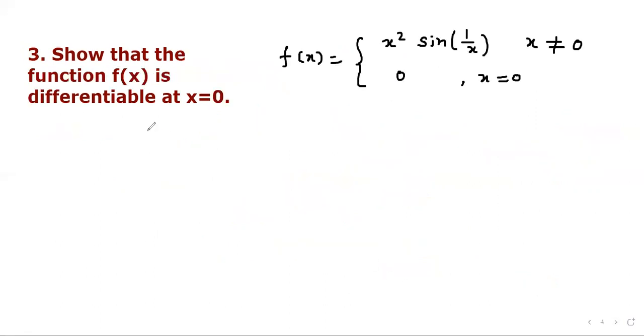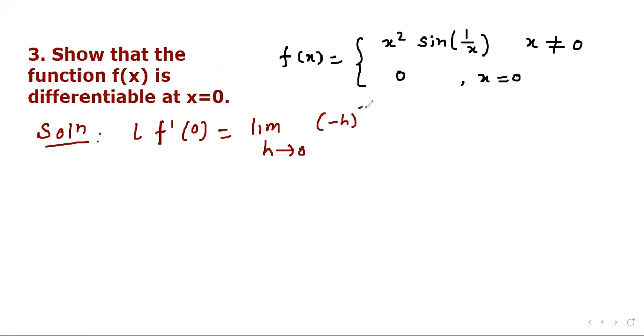Now consider the next question. Show that the function f(x) given by x square sine 1 upon x when x does not equal 0, and 0 when x equal to 0, is differentiable at x equal to 0. Let's see how. Solution: L f dash 0 is limit h tends to 0, and in place of x we have to write minus h.